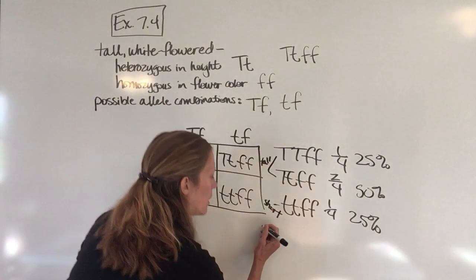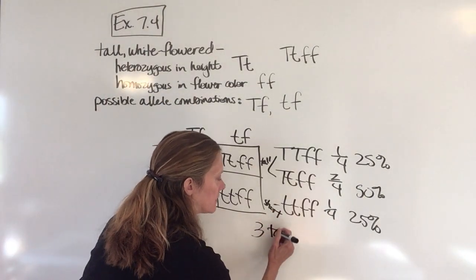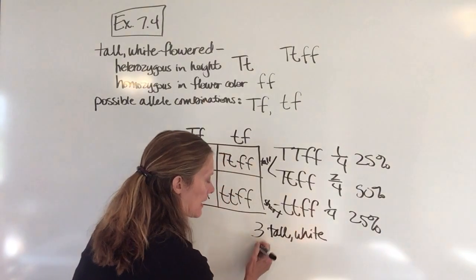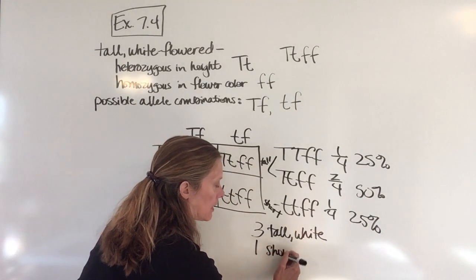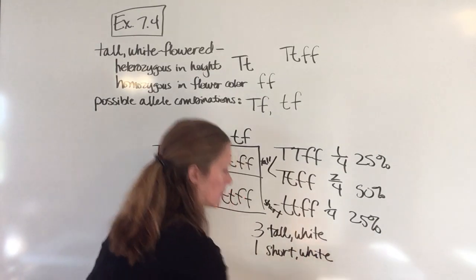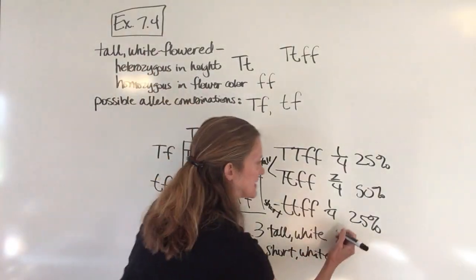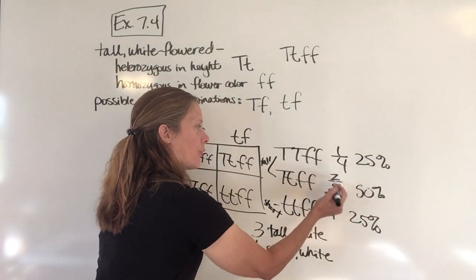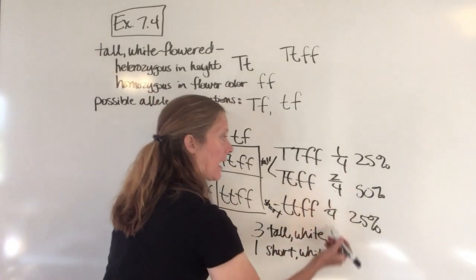So I have 3 plants that are tall with white flowers, and I have 1 plant that is short with white flowers. Okay, so 75%, because again I have 1 out of 4 and 2 out of 4, and so that's 3 out of 4.